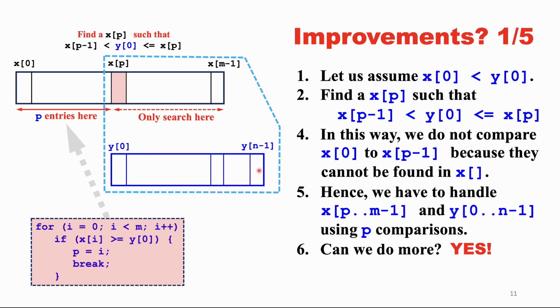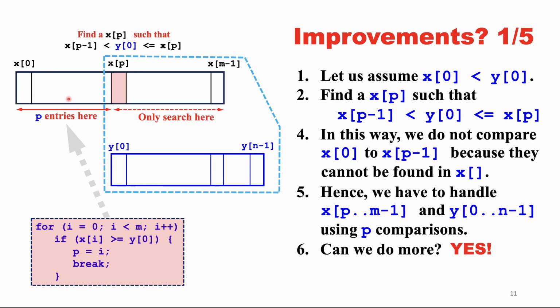So how many comparisons have we saved? Of course, p times n, right? Because here we save p iterations, but we use p comparisons to save these p iterations. So we use p comparisons to save p times n comparisons. So this is our first improvement.